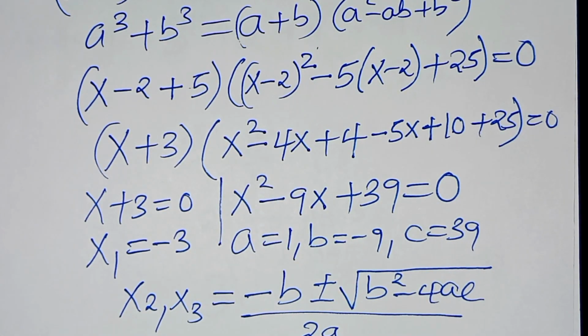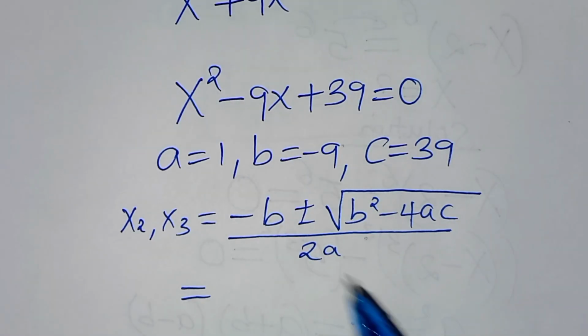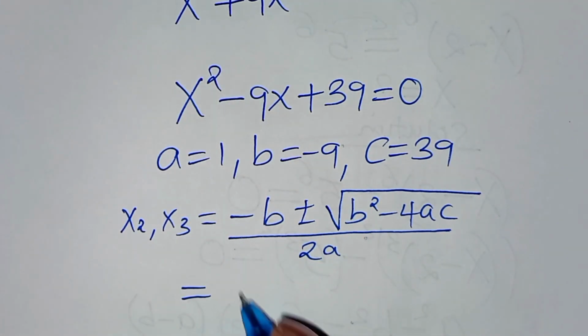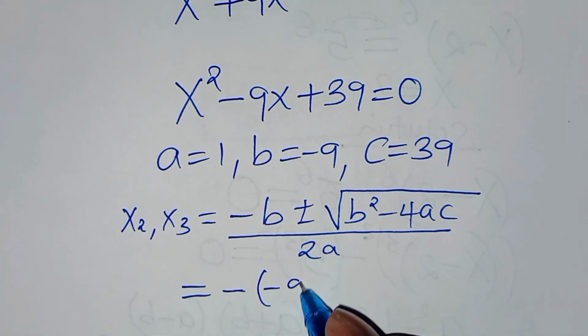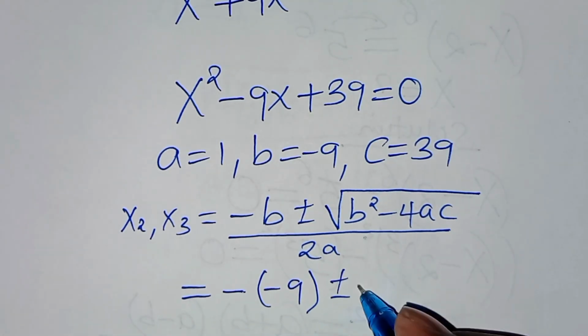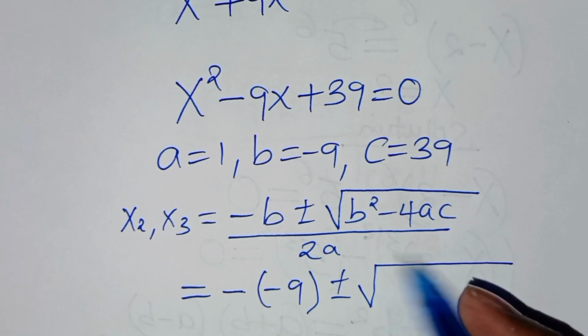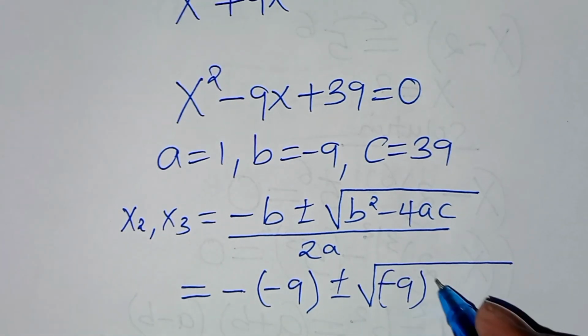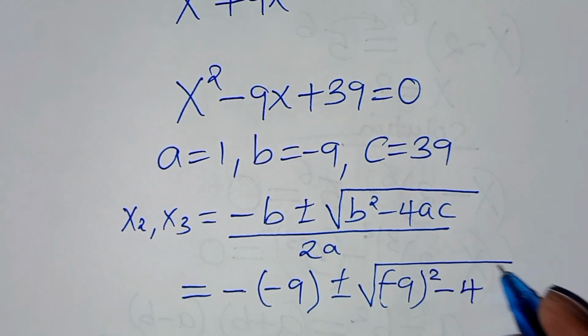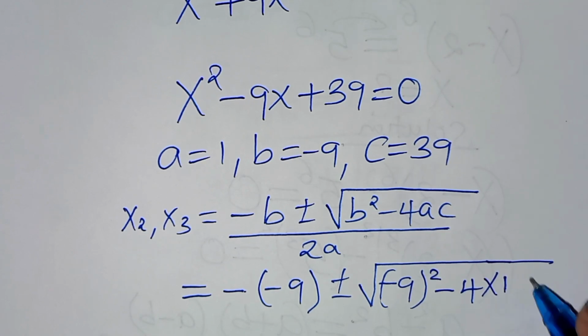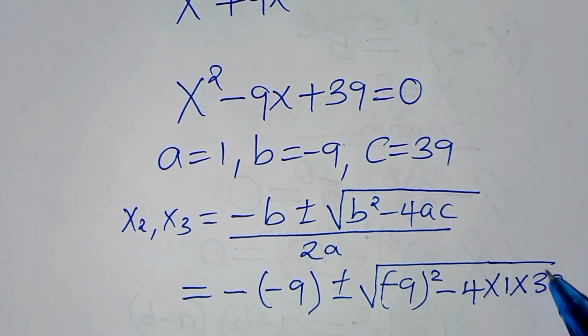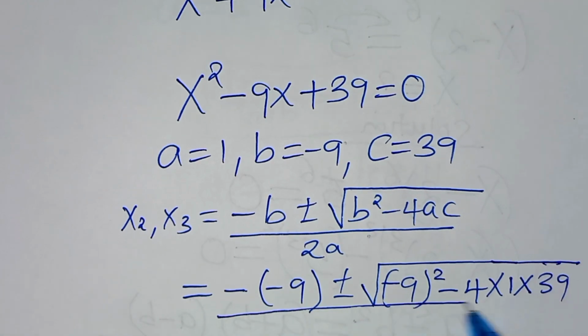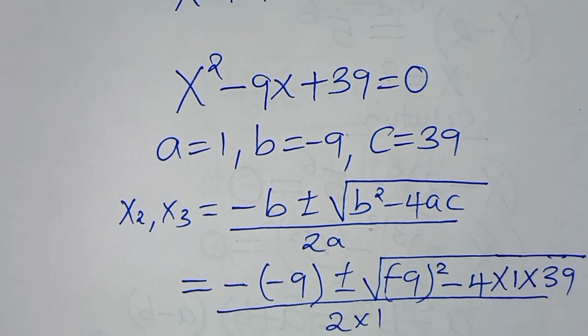So let's proceed. Substituting the values of a, b, and c, we'll have (−(−9) ± √((−9)^2 − 4 × 1 × 39)) divided by 2 × 1.